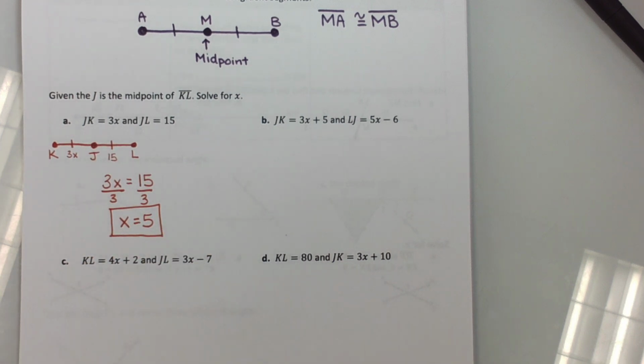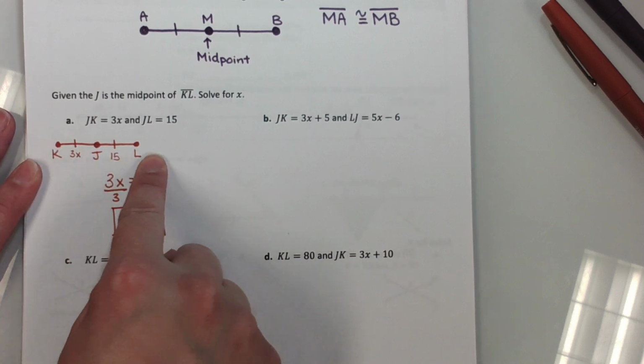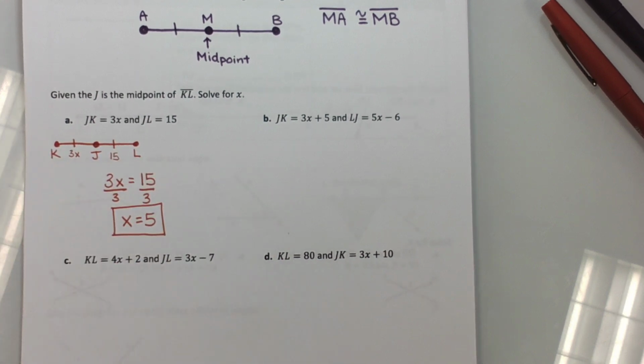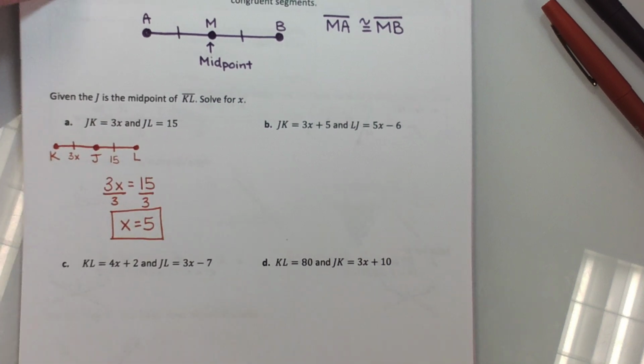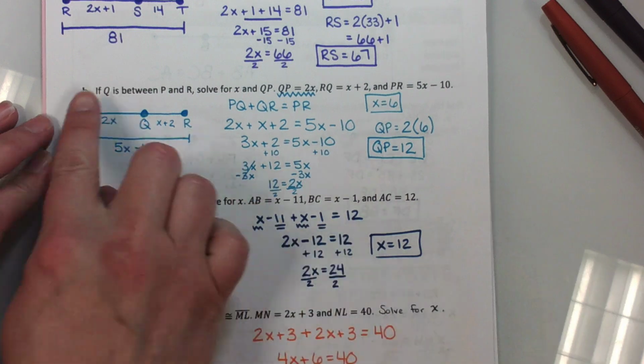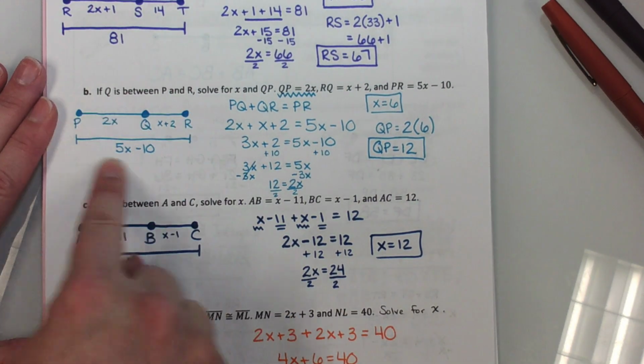You have to be careful when it comes to midpoint problems for a couple reasons. One, sometimes they like to throw you off by giving you a half and a whole. And two, you don't want to mix them up with the segment addition ones. These pictures for midpoints look a lot like these pictures. Key difference. This one doesn't have any tick marks.